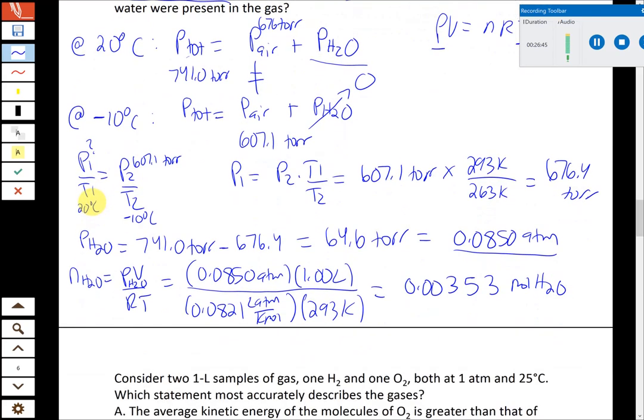All right, that's how many moles of water we have, and so then the number of water molecules is just that number times Avogadro's number. So now we're just using the definition of a mole. We have 6.022 times 10 to the 23rd molecules in 1 mole.